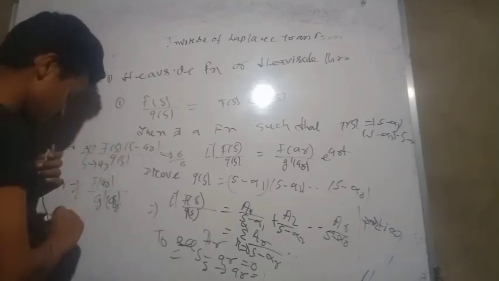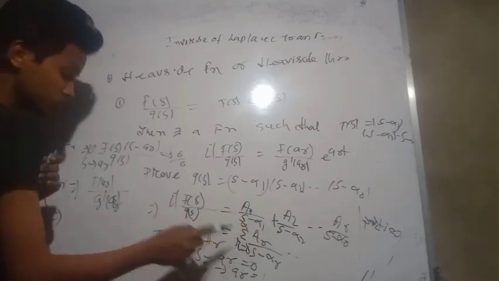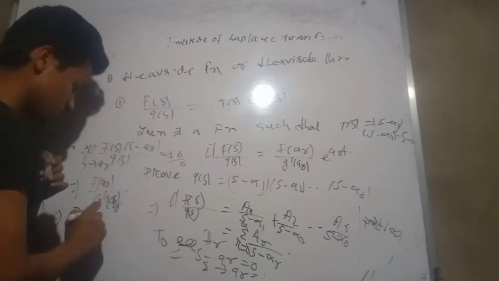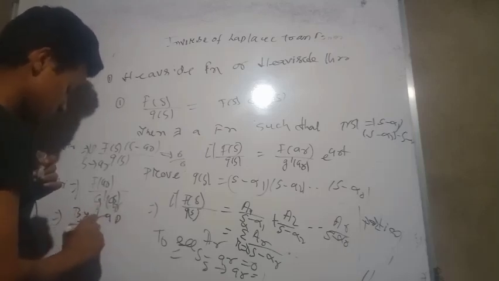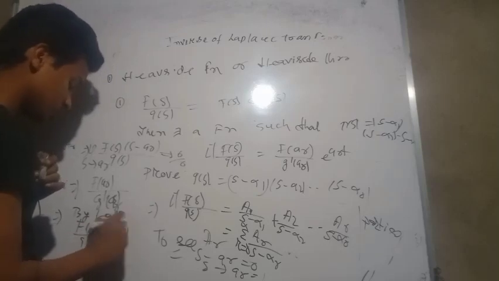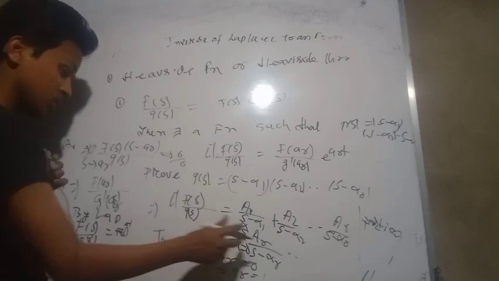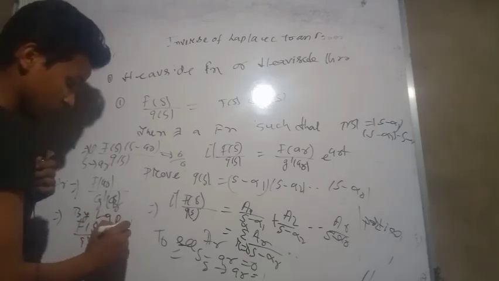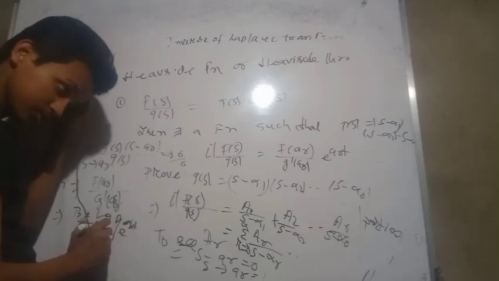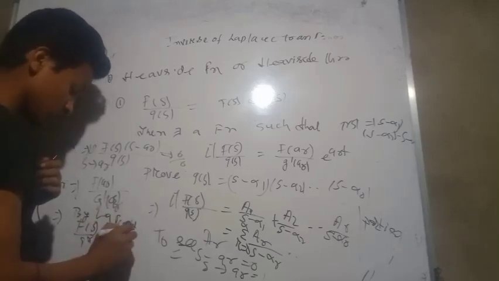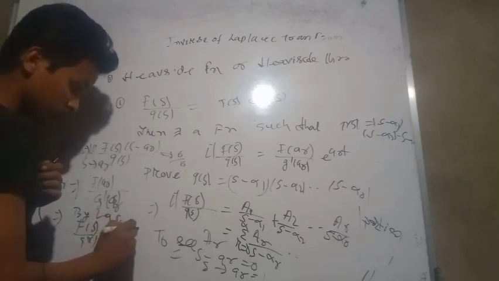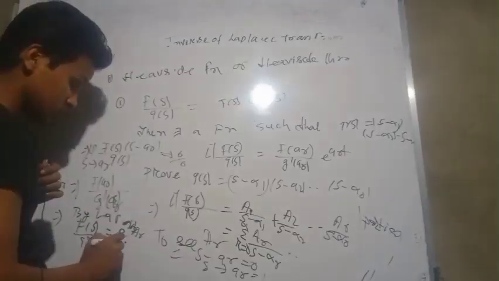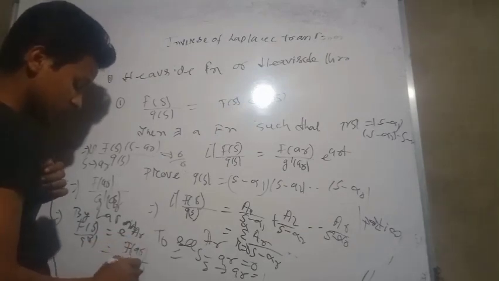Since this is our Ar, by the Laplace transform we get F(s)/G(s) equal to Q(s), let's say, which is the summation of Ar e^(αr t). So F(s) equals this, which gives us F(αr)/G'(αr) times e^(αr t) by using the inverse Laplace transform.